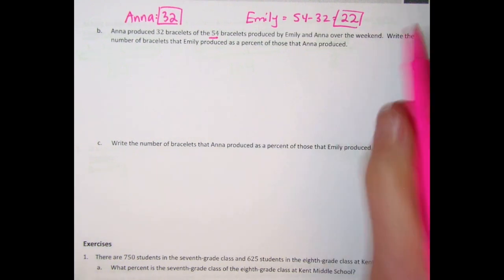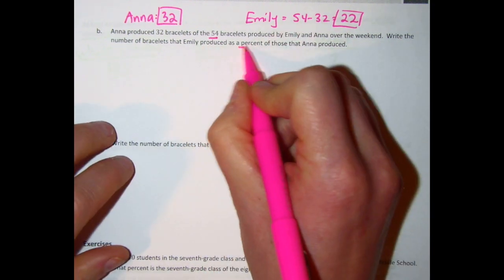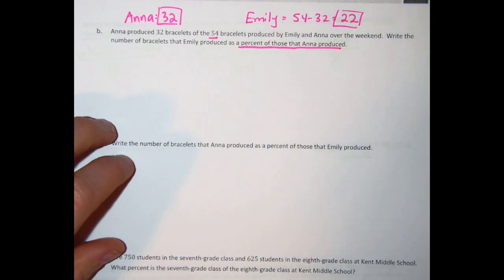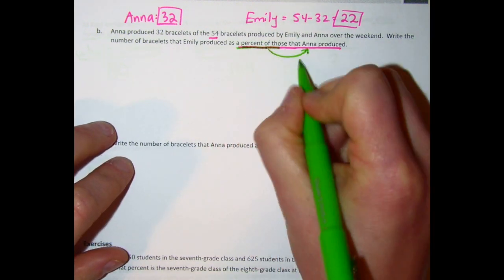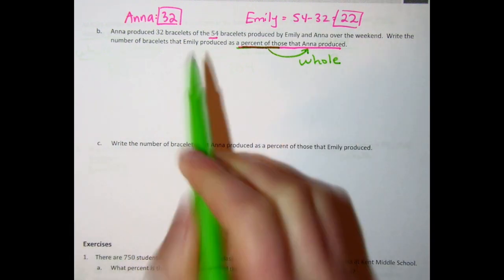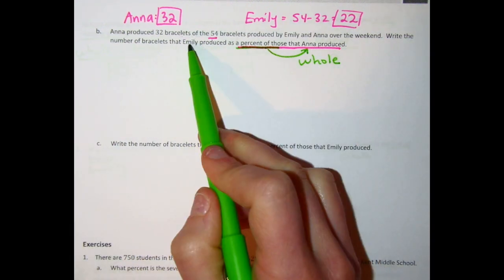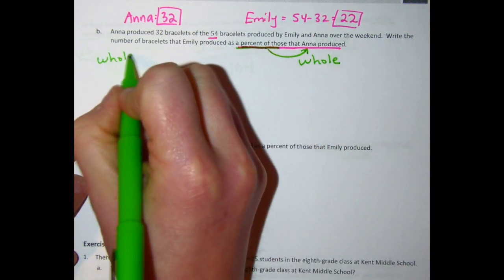So it's asking us to write the number of bracelets that Emily produced as a percent of those that Anna produced. What this is telling us is that "as a percent of" tells us this is the whole. So whatever Anna did is the whole. It's asking us to compare how much Emily did compared to Anna. So our whole is going to be Anna.